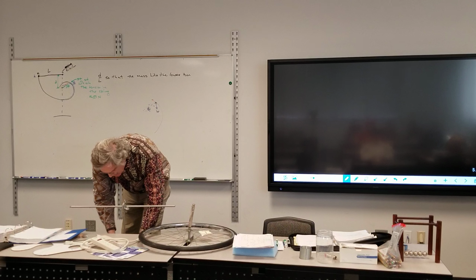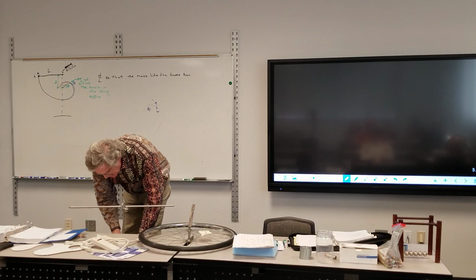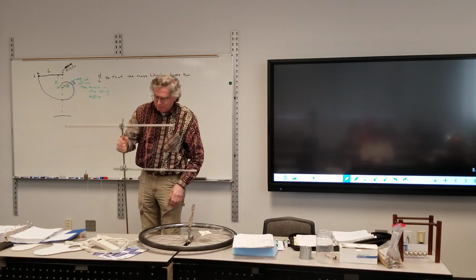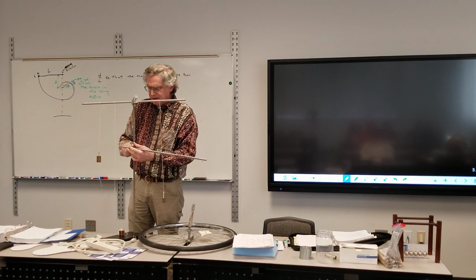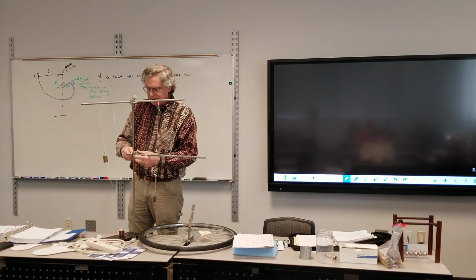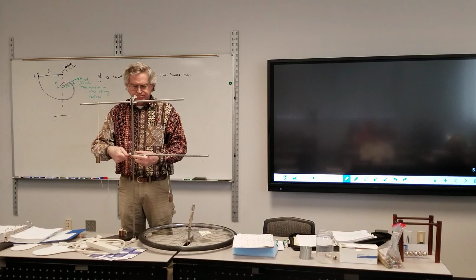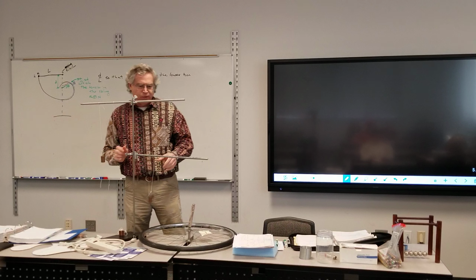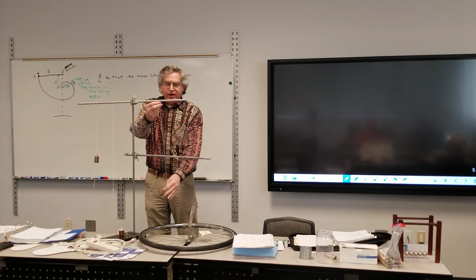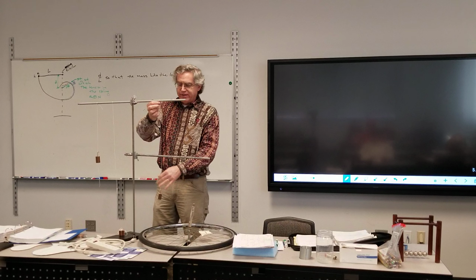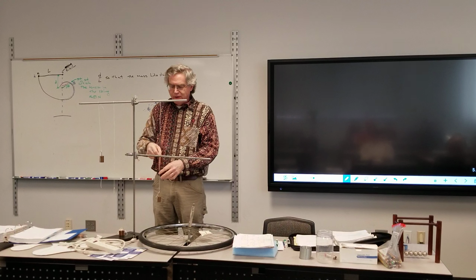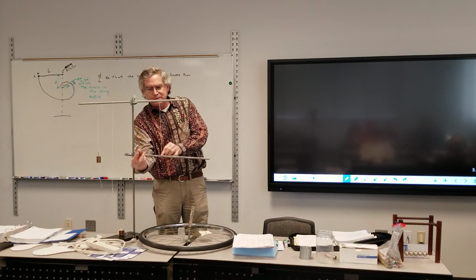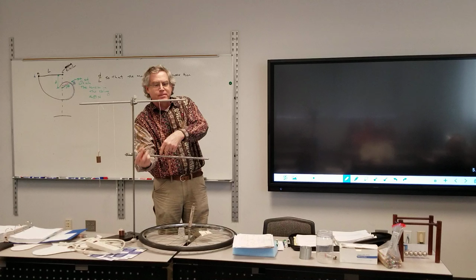It would probably help if these were on the same side. All right, so this is length L right here. Length D is this distance, technically center to center. So what would this be? Because this is the point at which it becomes slack. L minus D.